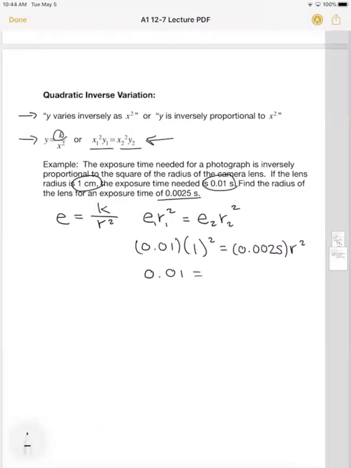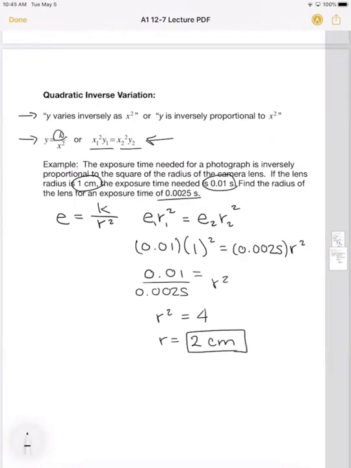I'm going to divide both sides by 0.0025, and I think you can handle that. When I take 0.01 divided by 0.0025, I get the same answer I got in the first example. r squared equals 4, so my radius is going to be the positive square root, which is 2, and my units are in centimeters. So the radius of that lens is going to be 2 centimeters.